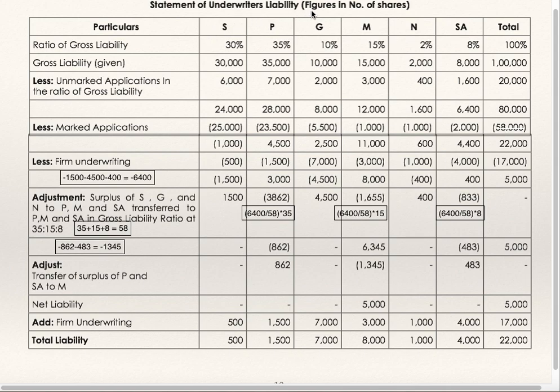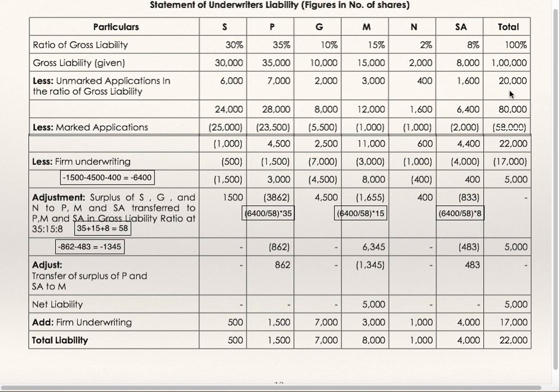Statement showing underwriters liability: figures, number of shares, gross liability ratio 30, 35, 10, 15, 2 and 8. Gross liability which is given minus unmarked applications.